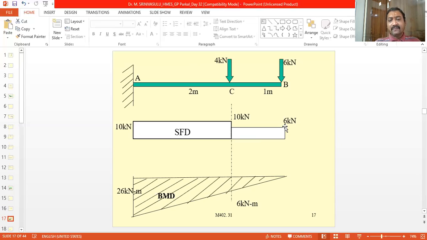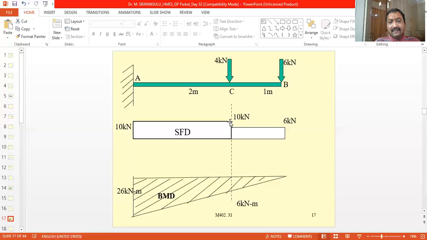Now the shear force will remain constant between B and C, and that is equal to 6 kN up to here. At point C, we find another point load acting, with a magnitude of 4 kN. So the shear force suddenly increases from 6 kilonewtons to 10 kilonewtons, an increment of 4 kilonewtons.